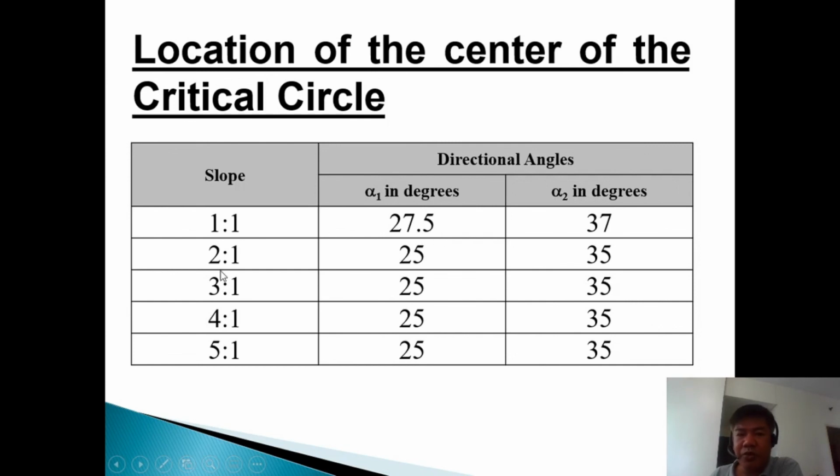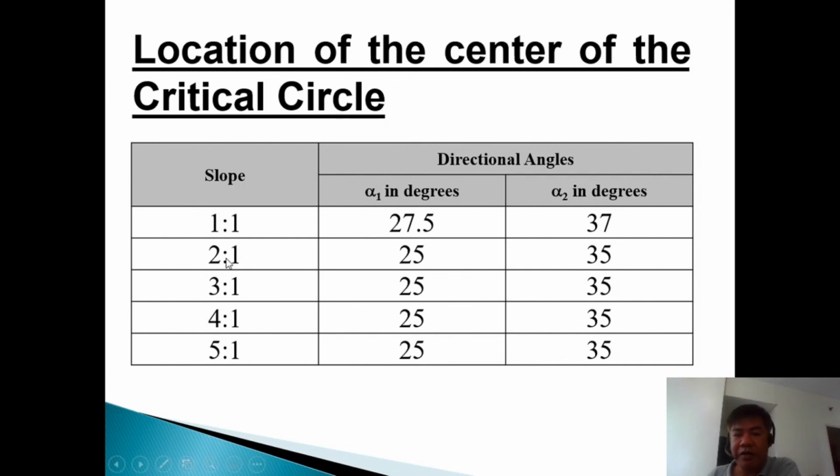For 2 to 1, or what we know here as 1 is to 2, 1 is to 3, 1 is to 4, 1 is to 5, they have the same directional angles in finding the center of the critical circle. The center of that circle is, as mentioned, just an assumption, but we have to locate the correct assumed point.